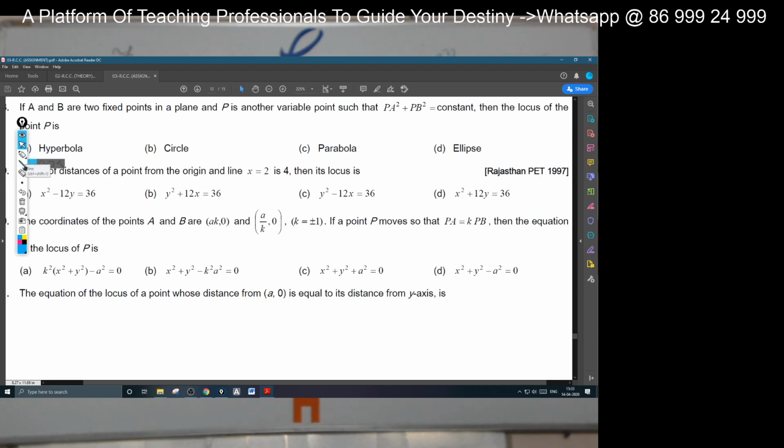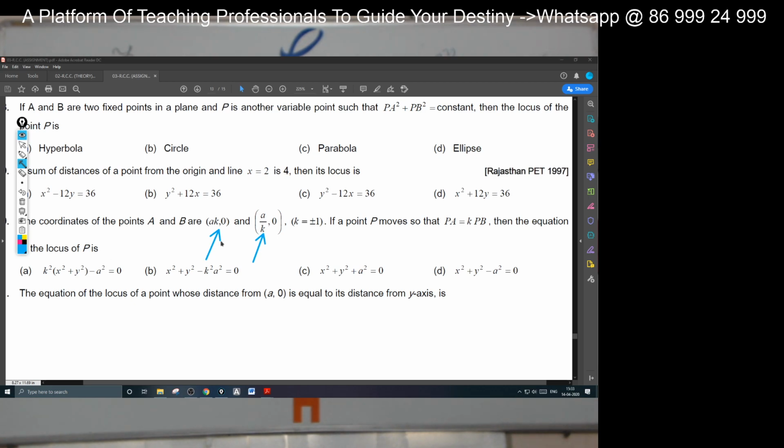This is what I'm talking about. (ak, 0), (a/k, 0), k is not equal to plus or minus 1. If a point P moves so that PA is equal to k into PB, then the equation of the locus of P is.